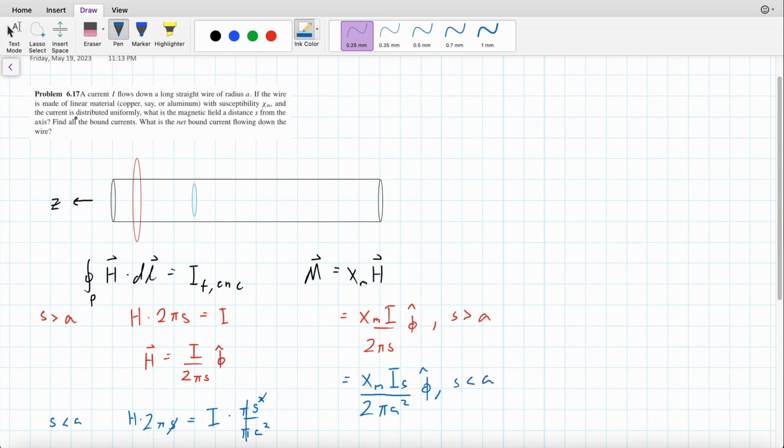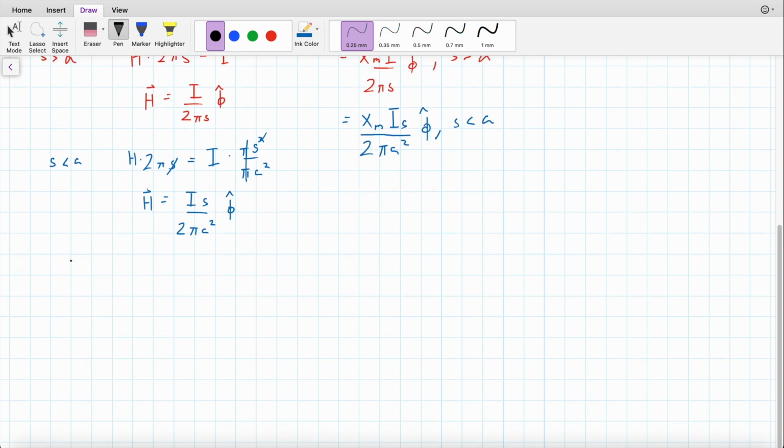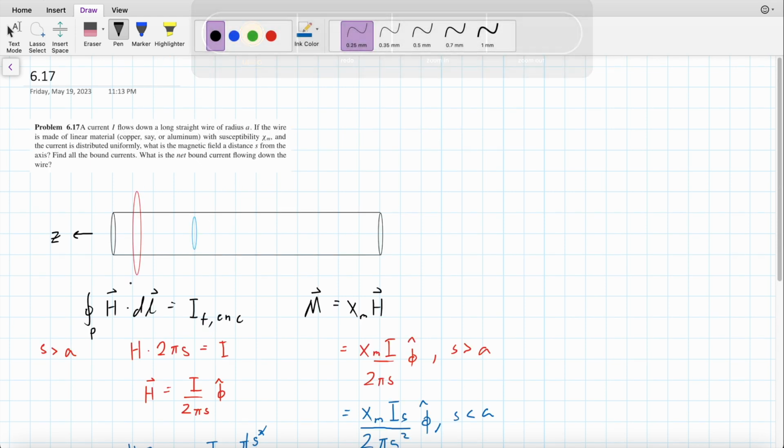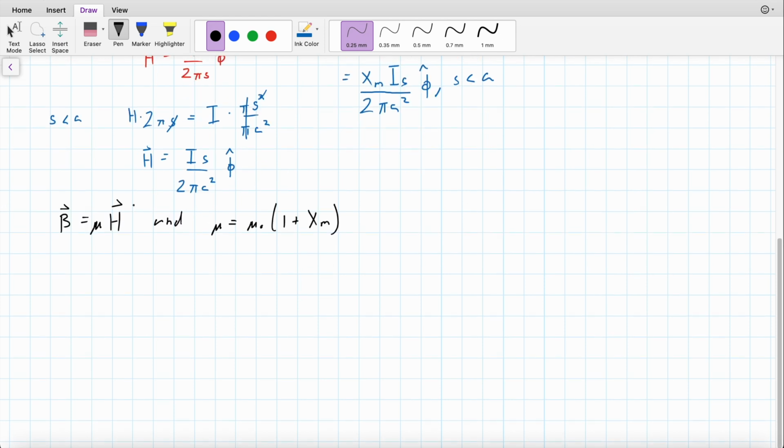And since the question specifically says that we're given a linear material, we can use the equation for such a case, where our magnetic field B is equal to mu times the auxiliary field, and where mu is equal to mu naught times 1 plus susceptibility.